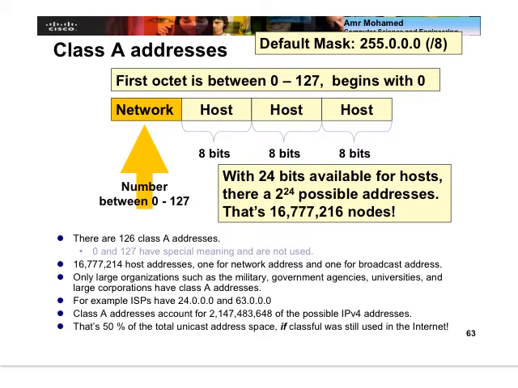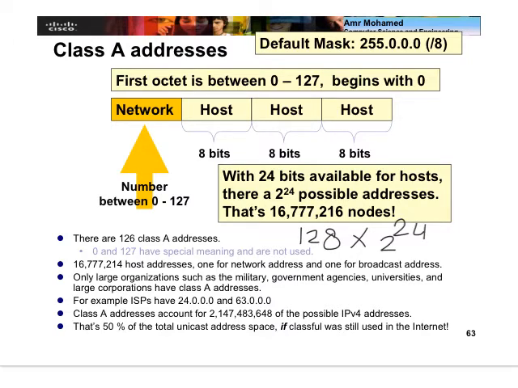No, we have 128 networks in Class A, and each one has 2 to the power 24 hosts. So this number came from 128 times 2 to the power 24, the number of networks in Class A times the hosts in each one. So this accounts for this number. When you do this multiplication, you get this number.